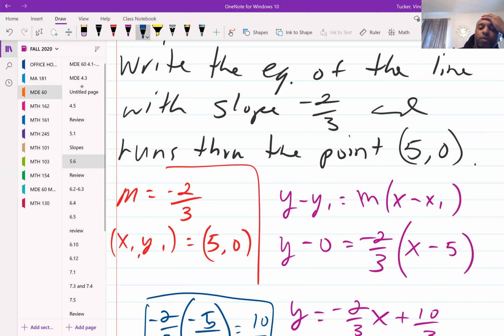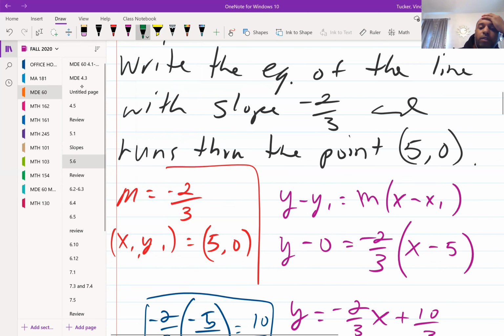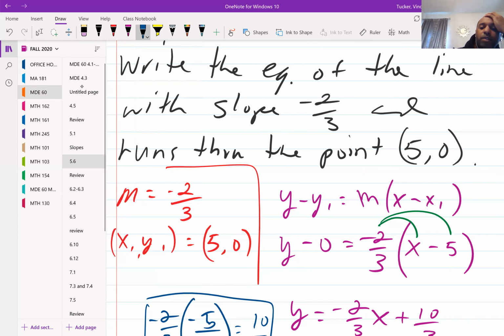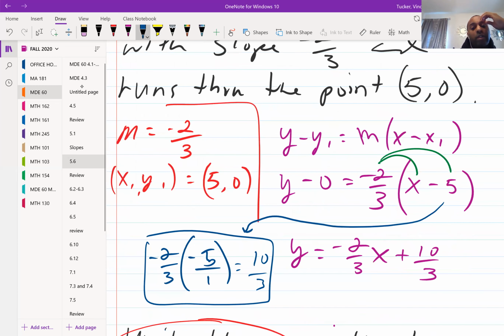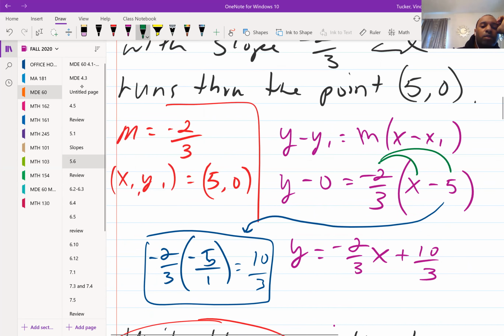But here we have to distribute this negative 2/3 to x, but then also to negative 5. So I did the work for that down here. You're talking about negative 2/3 times negative 5 over 1, and all you're doing is multiplying across. Negative 2 times negative 5 is a positive 10, then 3 times 1 is 3.